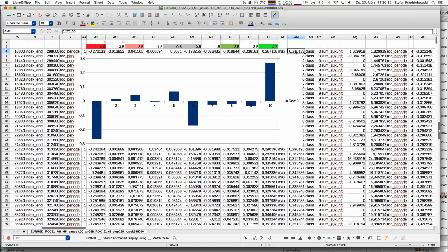We do the same kind of analysis for different rate of change periods. And then I used a simple rule. That rule was that I looked for the rate of change in the history with the highest value of prediction. That might be either, in this case here, the 10 or the 1.